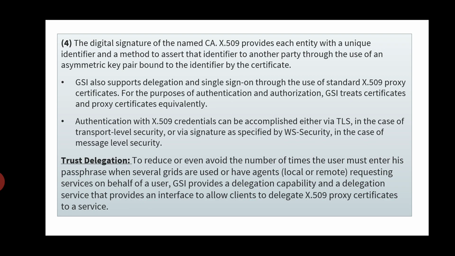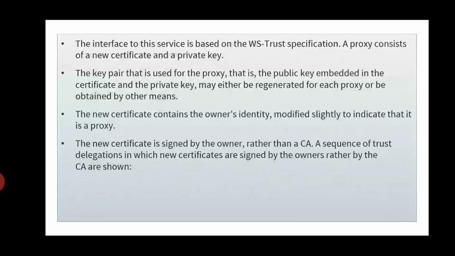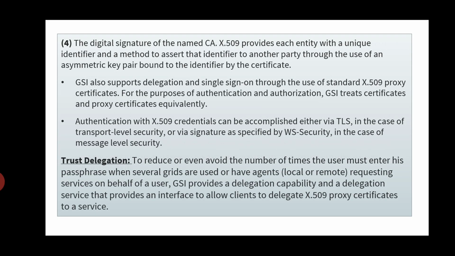Mutual authentication between two parties is a process by which two parties with certificates signed by a certificate authority prove to each other that they are who they say they are, based on the certificate and the trust of the certificate authorities that signed each other's certificates.